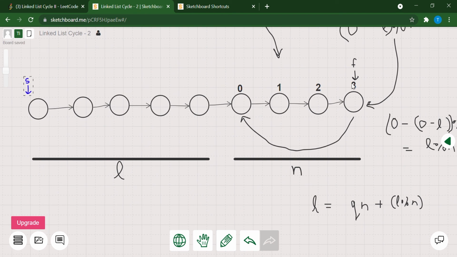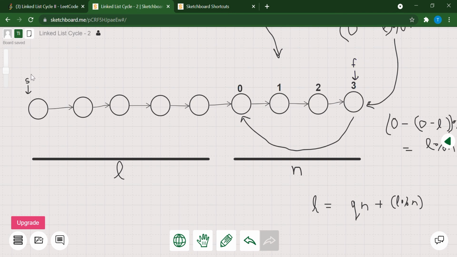So if we make both of them travel L nodes, they're going to end up on this 0th node, right? Because F will have moved L mod n times from its initial position, not considering the times it has run the whole cycle and come back to 3.